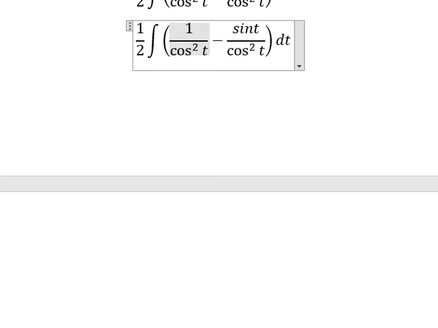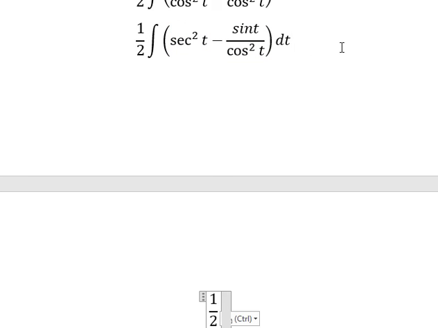This one we have secant of t squared. The integration of secant of t squared we have tan t.